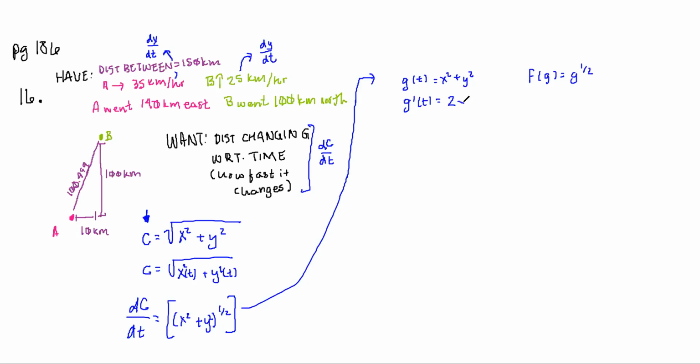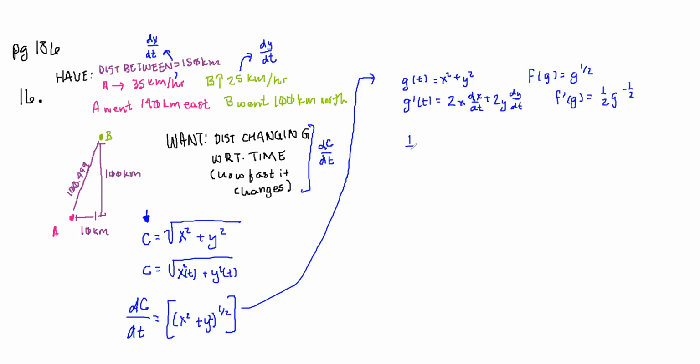To x dx/dt plus 2y dy/dt. Exactly. Here we have f prime of g is going to be equal to 1/2 g to the negative 1/2. Okay. Now we have all of the information we need to put together the chain rule answer.